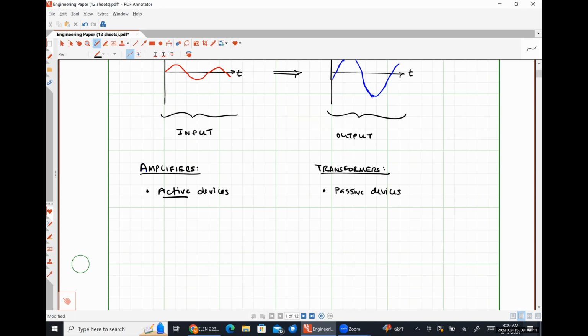One of the consequences of this is that the output power of an amplifier, and I want to clarify here that what I mean by this is effectively the power that's capable of being delivered to some load, does not have to equal the input power. Okay. So the output power could be greater than the input power in an amplifier. That's literally what power amplifiers do.